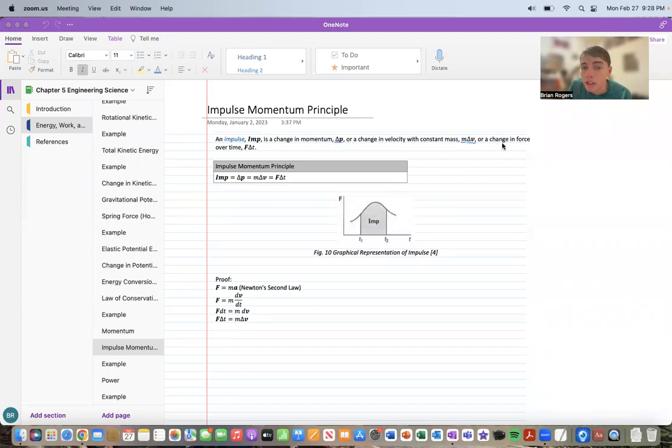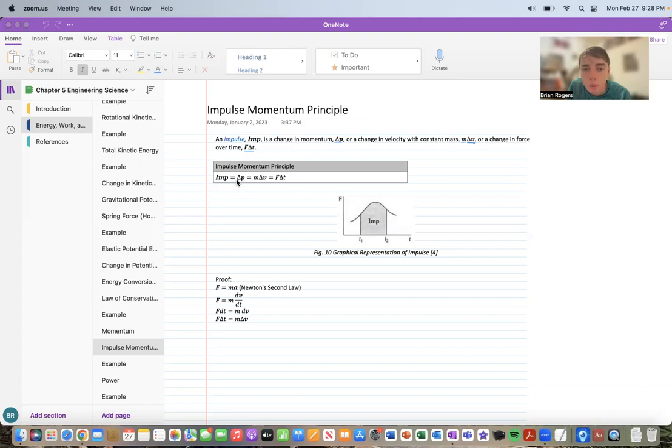Or it can be written as a force over a change in time. And so our force is multiplied by a change in time. So that's why the delta is on the time: the force is the same, it remains constant, but the time changes.